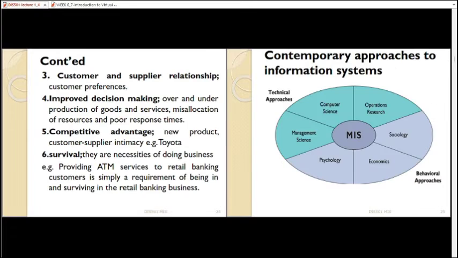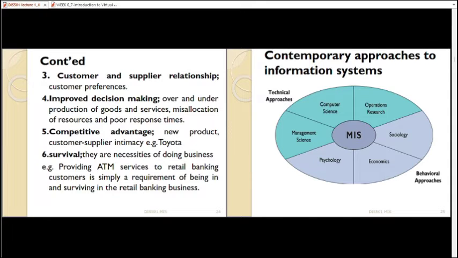So now, if you look again, we have the contemporary approaches to information systems. Now we have the MIS there. If you're talking of the management information system, then we need to look at it from different approaches. We have computer science, operations research, and then we have management science.